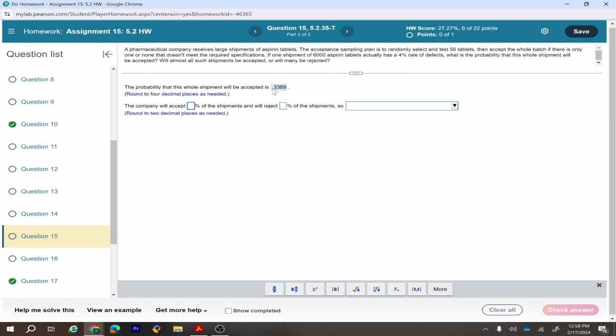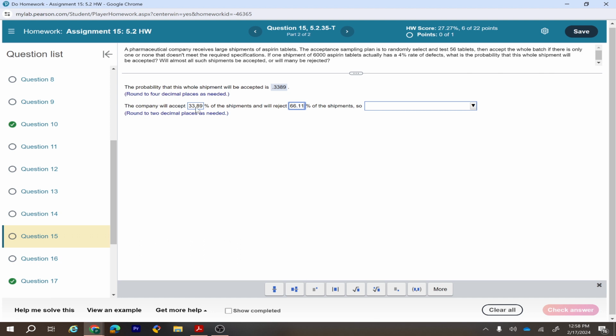The company will accept, if you convert that into a percentage, 33.89% of the shipments. If they accept 33.89, they reject 100 minus this, which is 66.11, because if you add these two numbers, that will be 100.